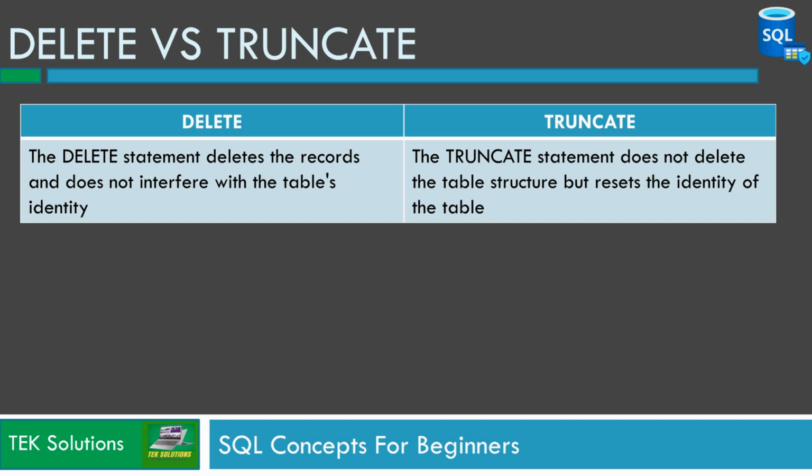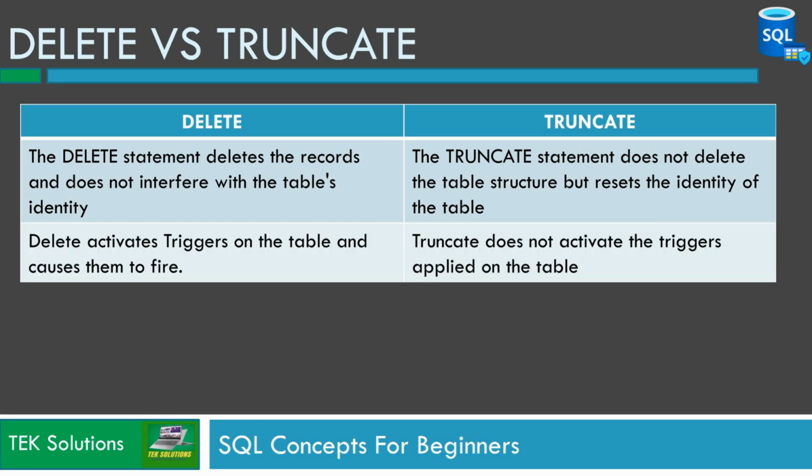Actually what happens is that in the back end it is deleting the table and recreating it, and that is the main basic difference between delete and truncate, and that's why it is resetting the identity of the table. Next, delete activates the trigger on the table and causes them to fire.